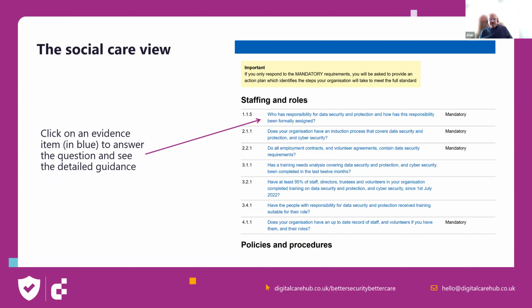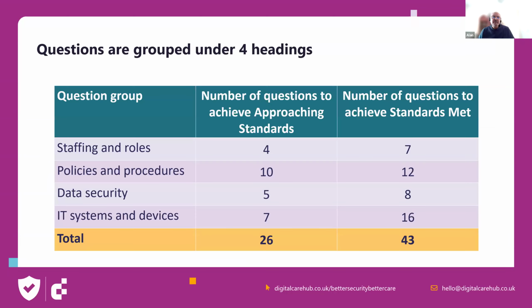So let's have a look at how the toolkit is structured. Within the toolkit, there are 4 sections. The questions are grouped under 4 headings: staffing and roles, policies and procedures, data security, IT systems and devices, sorry.